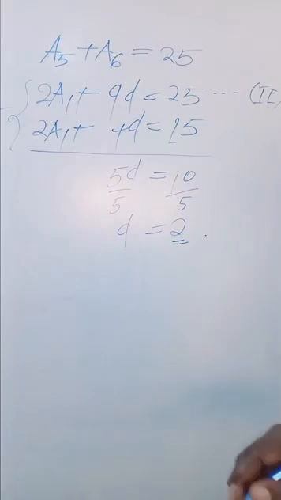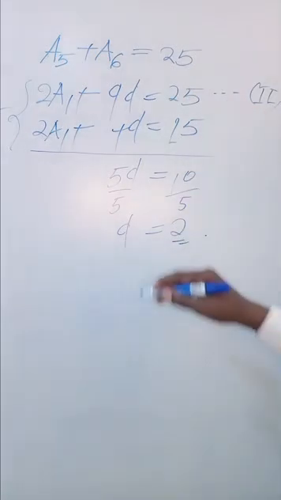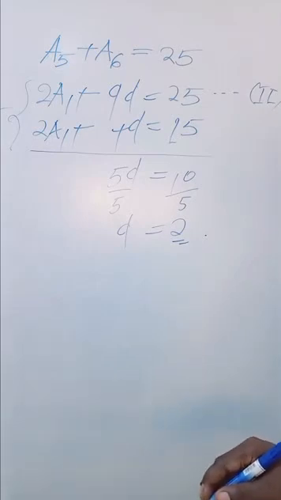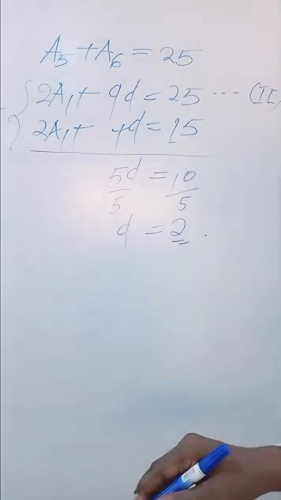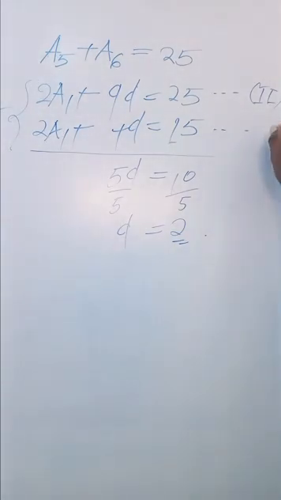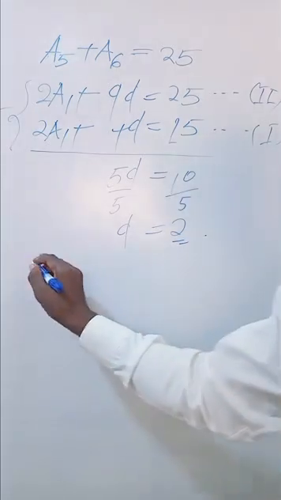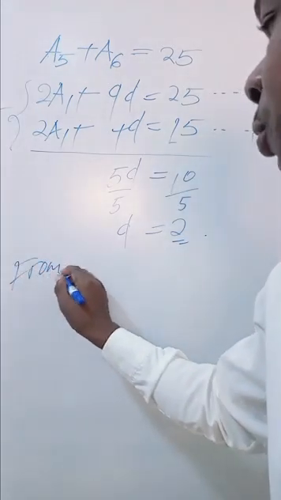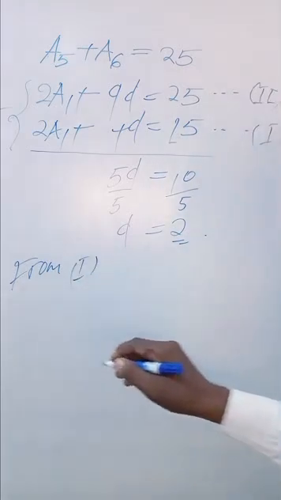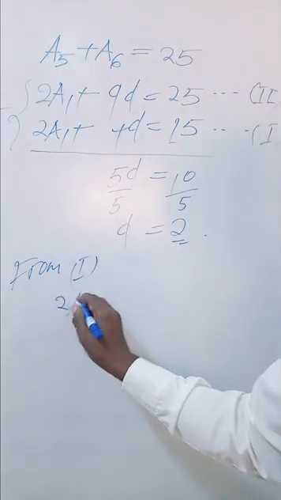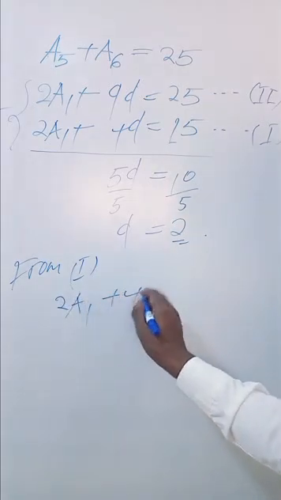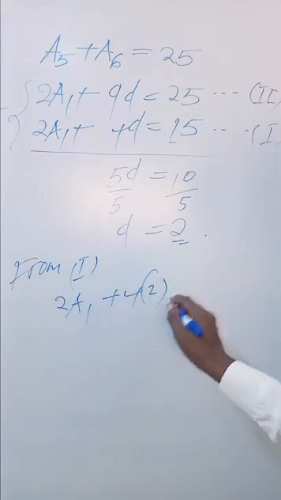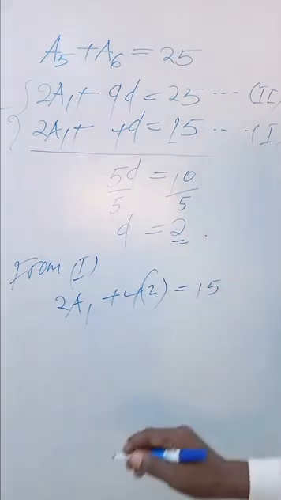D equals 2. So you can choose one of the equations and substitute for D so that you can get the value of A1. Let's choose equation number 1. From equation 1, we have 2A1 plus 4 times D, where D is 2, equals 15.